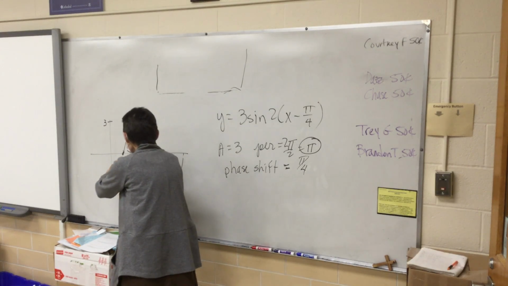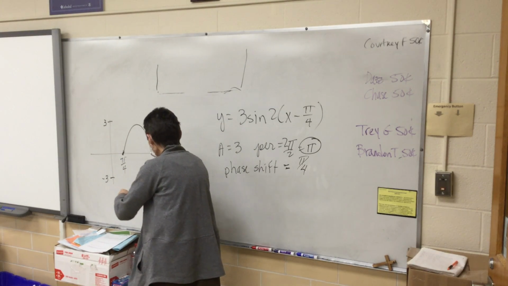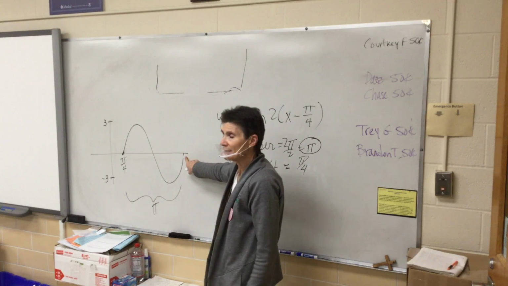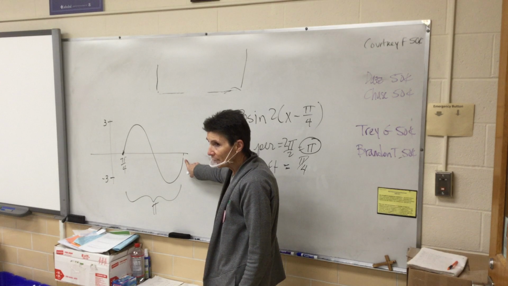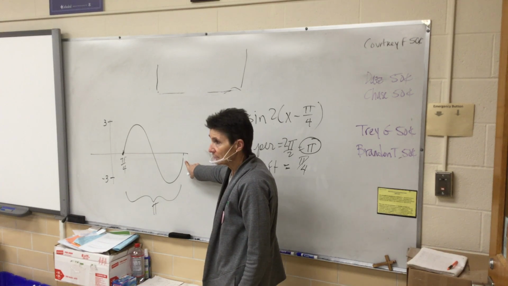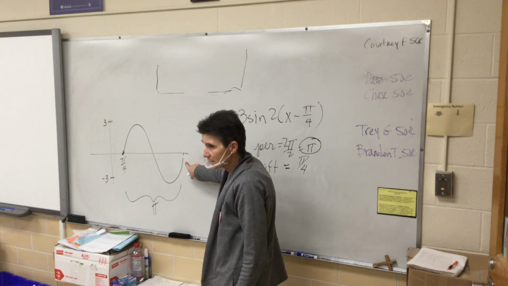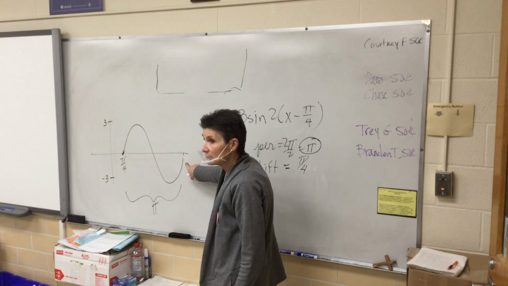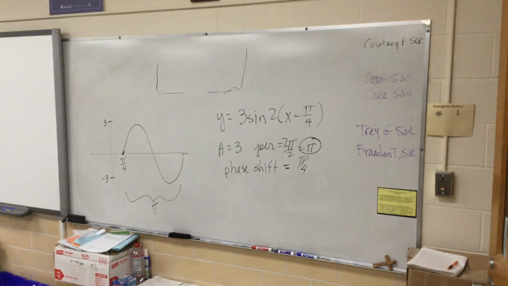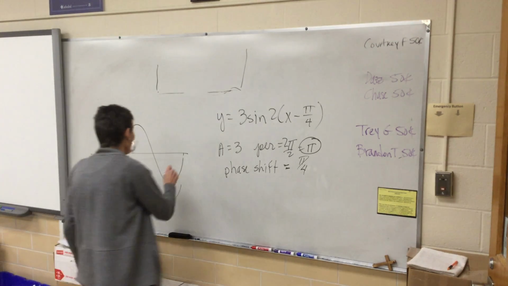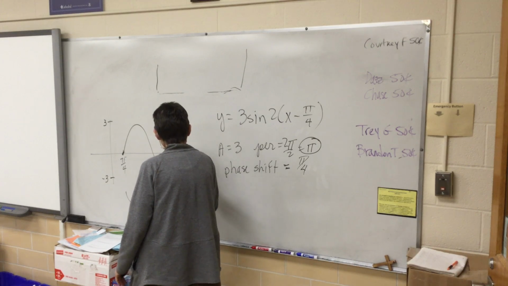This distance is pi. So how do I figure out what that is? Have you figured out what it is? What do you think it is? I heard someone say something, but I couldn't hear because he has a very deep voice. 1 1/4 pi? Absolutely. Only, Rory, I'm going to write that as 5 pi over 4.